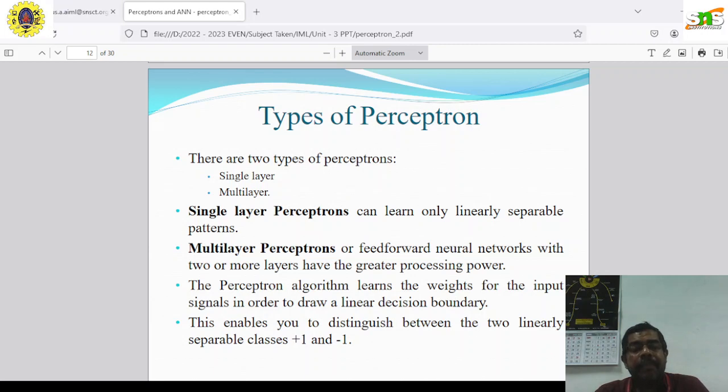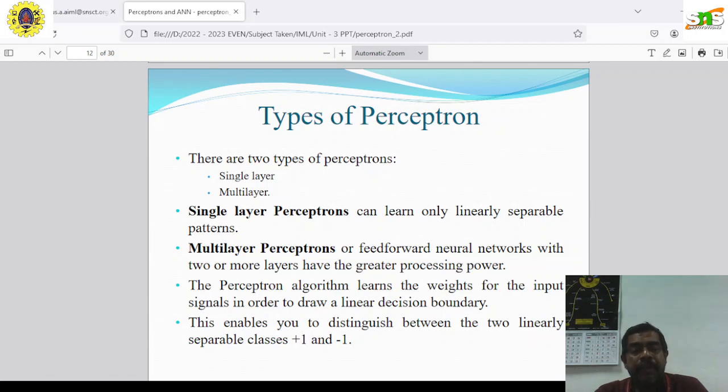In a single layer perceptron, we have only one layer: a set of inputs, a set of weights, and a summation component, that is the hidden layer, and then an output function is produced. But in multi-layer perceptrons, or feed-forward neural networks, we have two or more layers, which gives greater processing power.